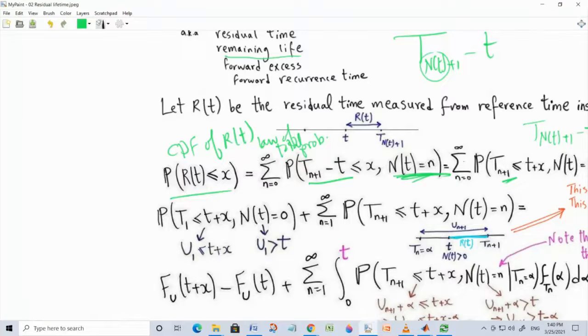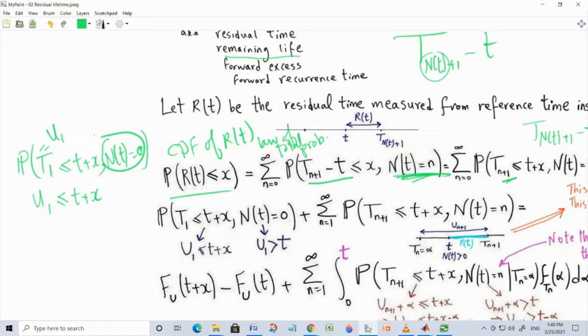So now, if n is equal to 0, this is the term that T1, which is equal to U1, is less than or equal to small t plus x, and N of t is equal to 0. What is this event? So this event is telling you that U of 1 is less than or equal to t plus x, because U of 1 is the same as the time of the first arrival. But actually this event is more, because N of t is equal to 0.